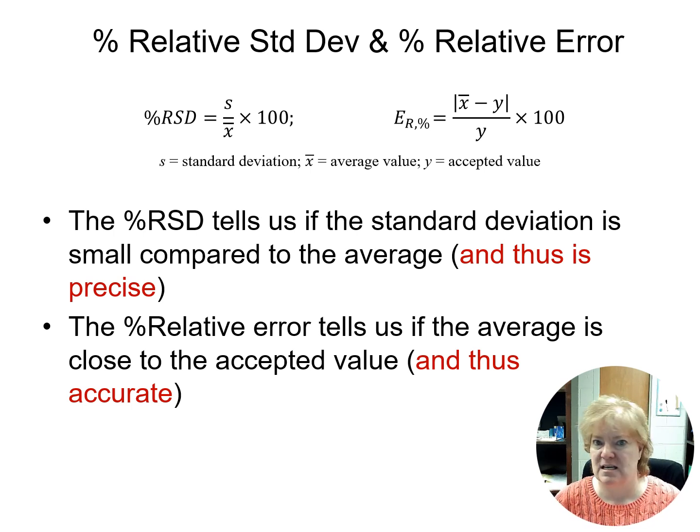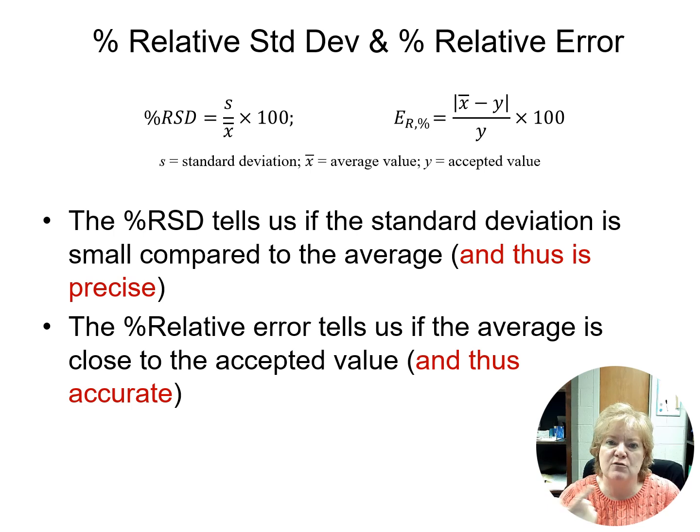Well, if the sample had $5 and I'm off by $1, I did a pretty junky job. I mean, that's kind of far off. But if it was $100,000 and I was only off by $1, I did pretty good. So the percent relative standard deviation tells me how big is my standard deviation compared to the size of my number. And that's going to tell me about precision.